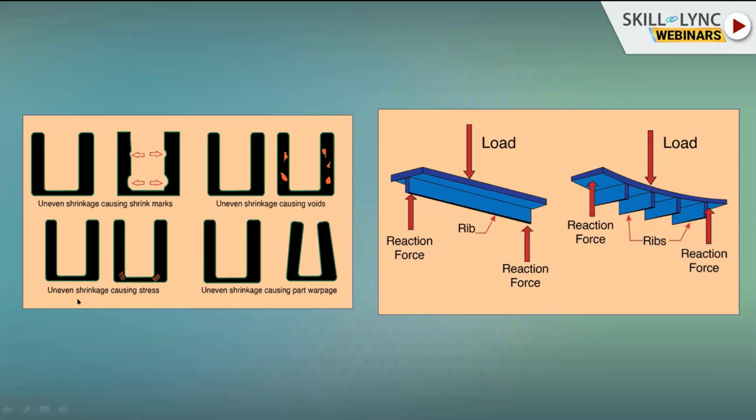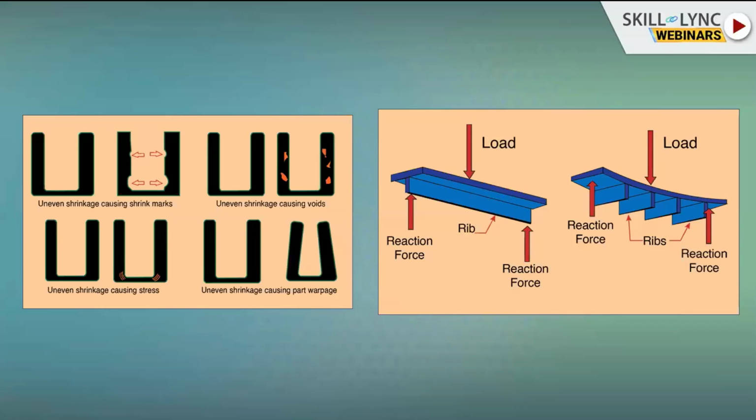In the third diagram, at the intersection where the high thickness and low thickness meet, high stress areas will form, and you can see that the component gets bent. In technical terms, we call it warpage.